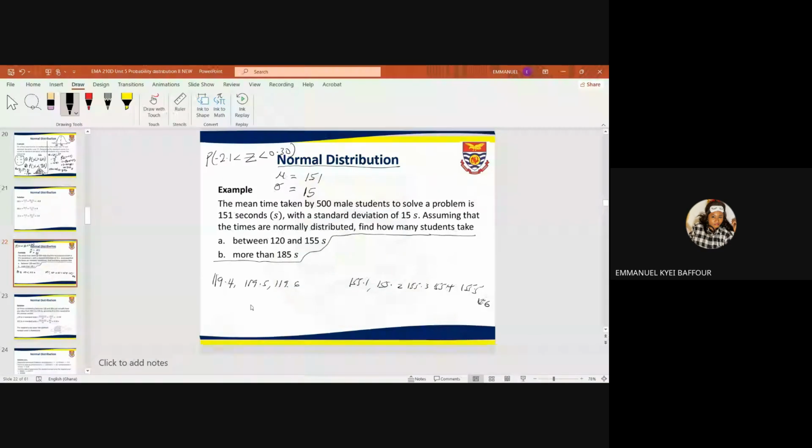So if you are looking out for values that are between 120, then there is a possibility that values from 119.5 were rounded up to give us 120. I hope that part you understood.